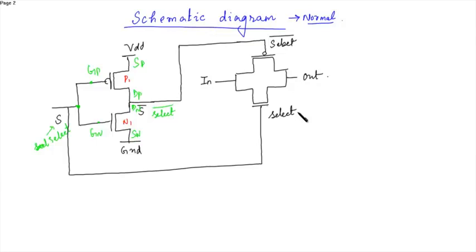This is the gate terminal of the PMOS. This is P2. This is N2.